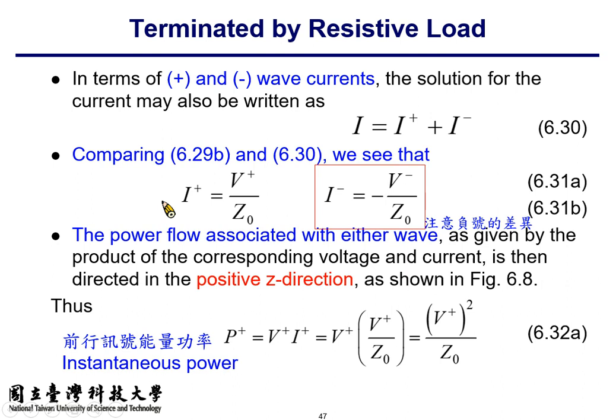For time average power in a transmission line with sinusoidal signals, it will be half of V squared over Z sub 0. So for a sinusoidal signal, the time average power has the one over two constant in front. But for instantaneous power, it's just V squared over Z sub 0.